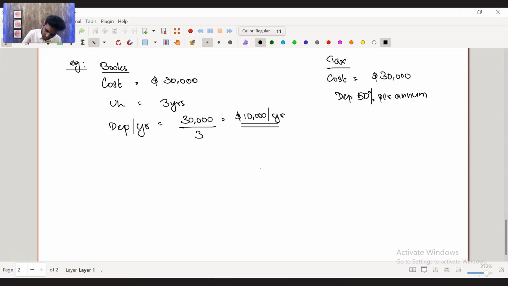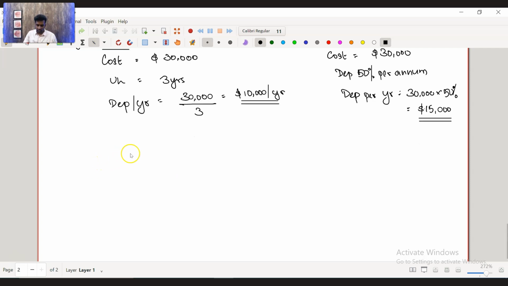So then depreciation per year will be 30,000 into 50%, so that will be $15,000. This is as per tax. This is what the tax rule says: for the asset that we have purchased, you have to do a 50% depreciation, removing it within 2 years.